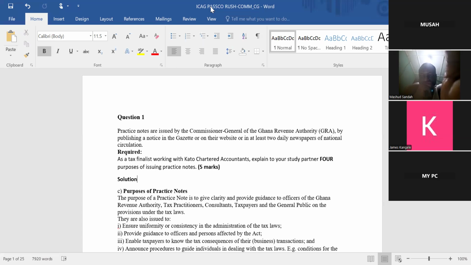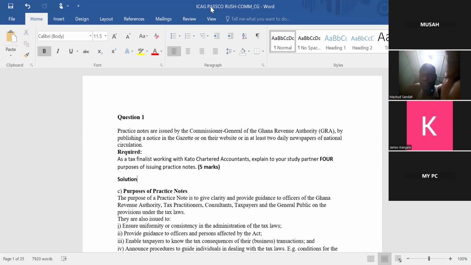So before you proceed to answer this question, you need to define what a practice note is, and I've just defined it. Now, the question asks you to explain to the partner the purposes of issuing the practice note. The practice note gives clarity, as I made mention. It is the Commissioner General's interpretation of a section of the law.